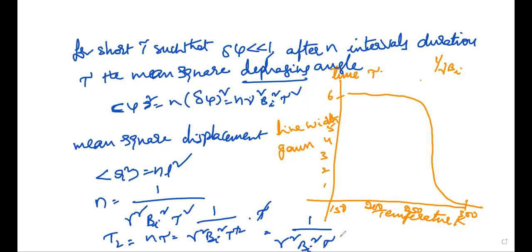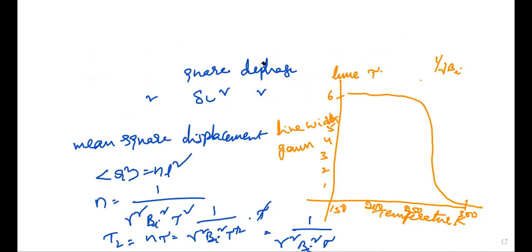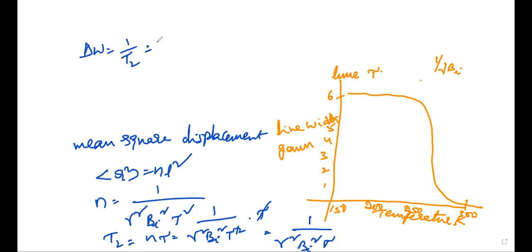This is a small difference from the rigid lattice result, where T2 is 1 by gamma B_i. So we obtain the line width for rapid motion, and we can write the frequency delta W is equal to 1 by T2.